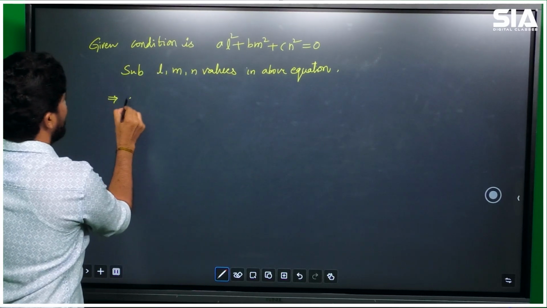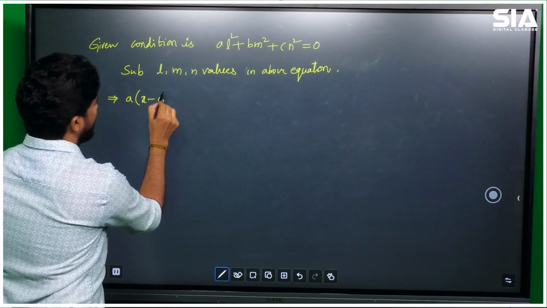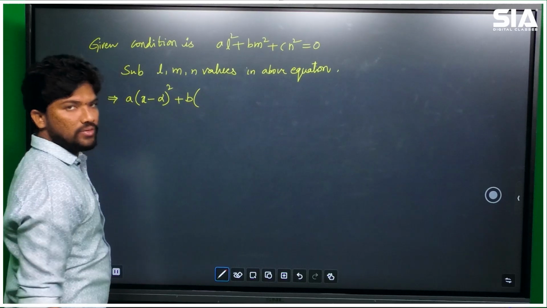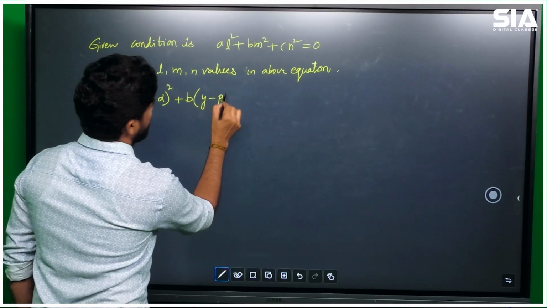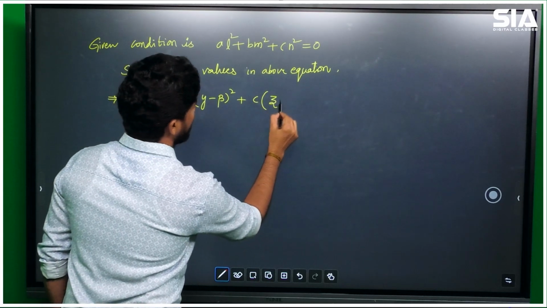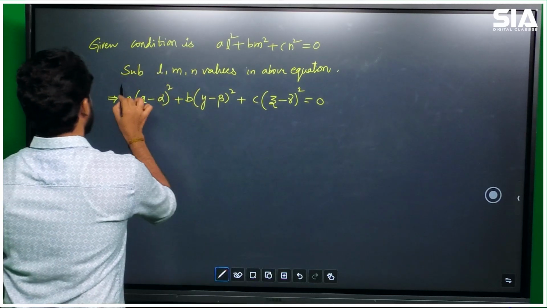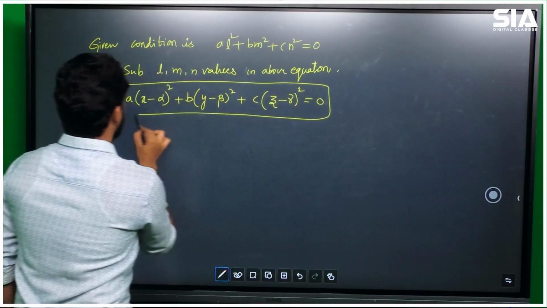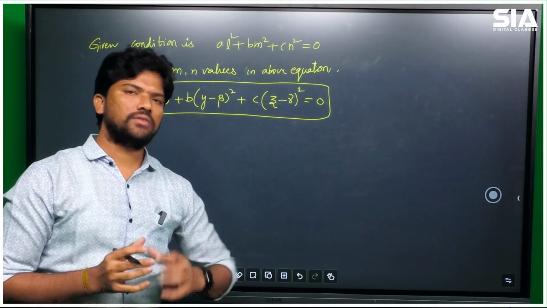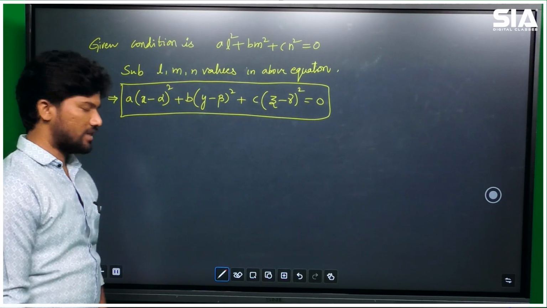Therefore we can write a into, what is the l value, l is nothing but x minus alpha whole square, plus b into, what is the m value, y minus beta whole square, plus c into, what is the n value, z minus gamma whole square is equal to 0. So this is the required cone equation. Those generators pass through only one vertex of the cone. This is the final equation and this is the required equation of the given problem.